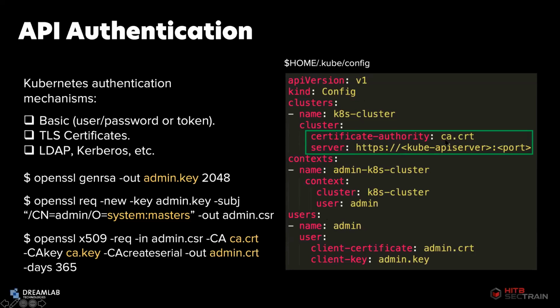We need to specify the certificate authority. And in the server field, we need to specify, of course, the IP address and port where the kubeAPI server is listening for connections. And on the other hand, we have to specify the path to the certificate of the user, the admin certificate that we just created, and the admin key.